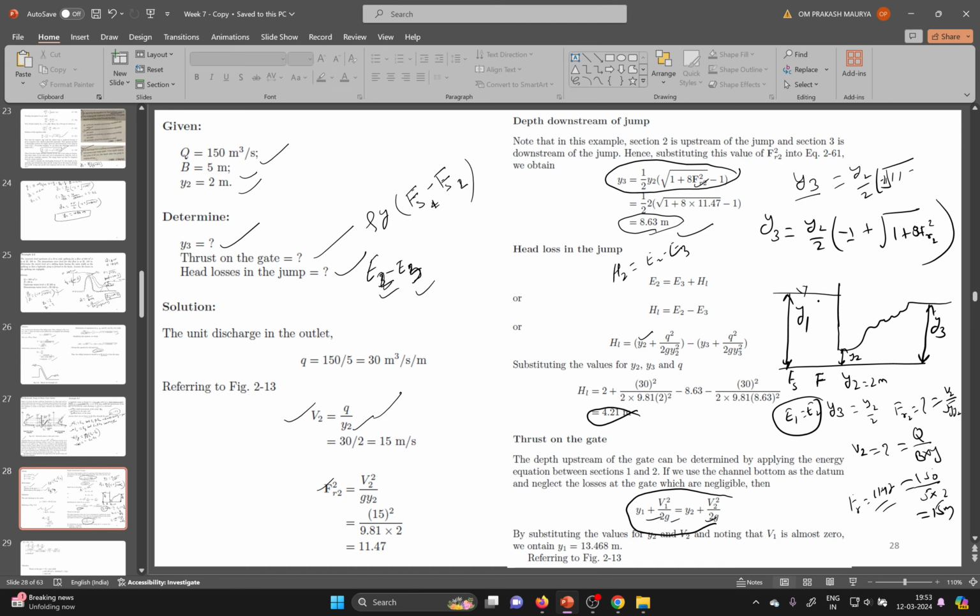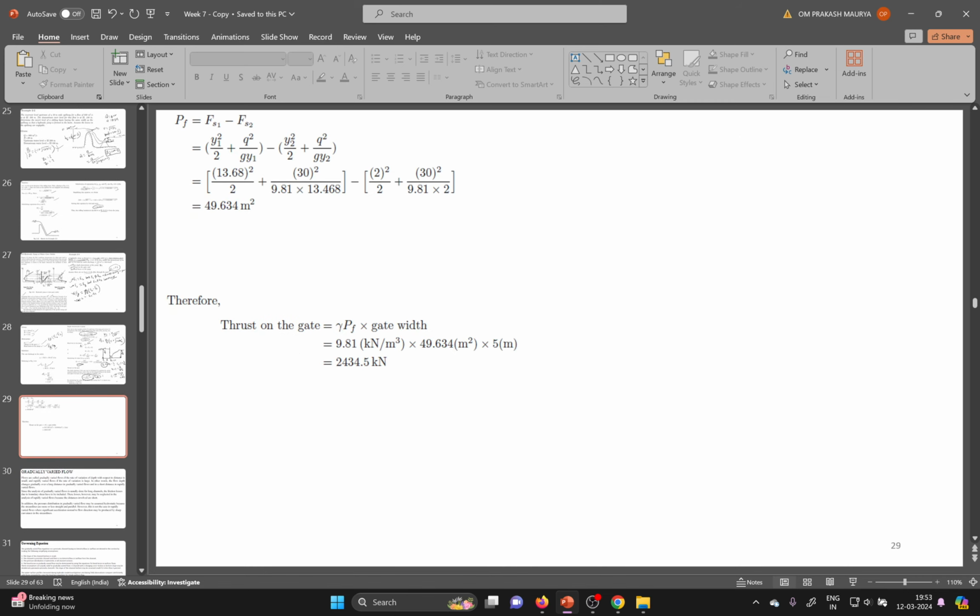So V1 is 0. Why is it 0? Because it is a big reservoir. So V1 is equal to 0. Assuming V1 is equal to 0, you can calculate y1. If you know y1, then Fs1 and Fs2 you calculate using the specific force formula. So a little bit modified, but you know already how I will modify it.